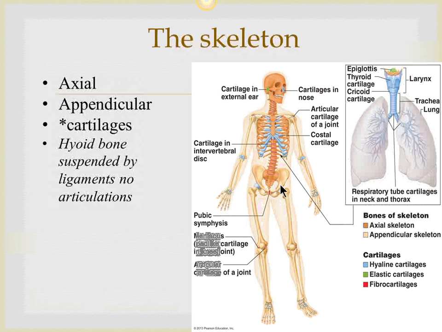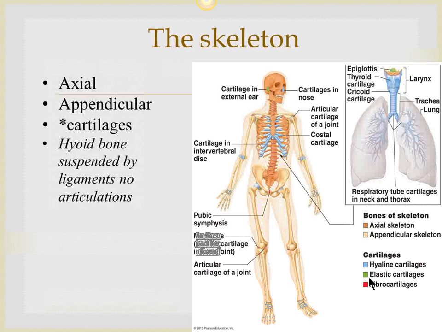We also have cartilages in the skeleton. When we talk of the skeleton, we tend to restrict ourselves sometimes to bones only, but we have cartilages too in various areas, like your nose, for example, your ear, the costal cartilages, then articular cartilage. This is giving you an example of where you would find these different types of cartilage, and we did that in tissues.